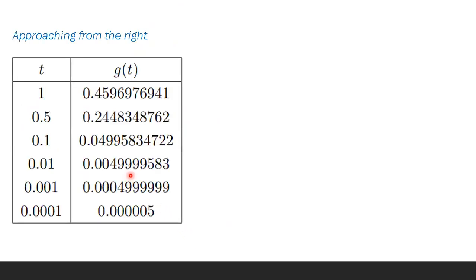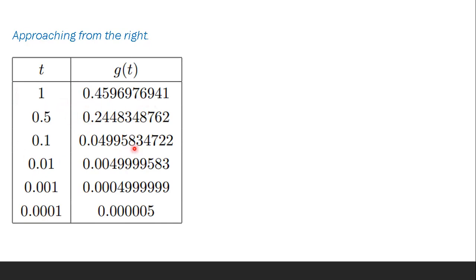Now, approaching from the right, this is what the table looks like. I solved it first for you, and you just double check whether the values I input here are correct. When t is 1, since 1 is located to the right of 0, I choose 1 and then get closer to 0.